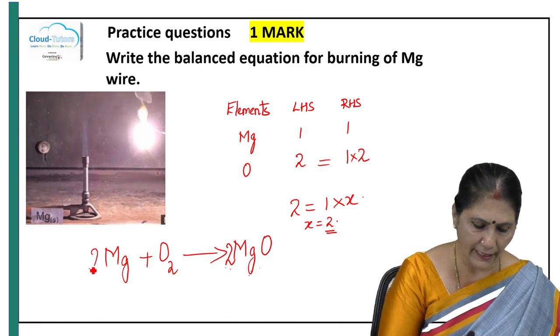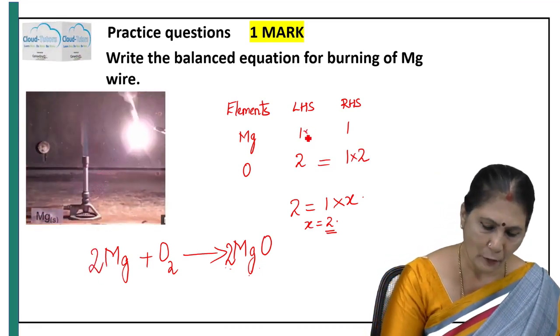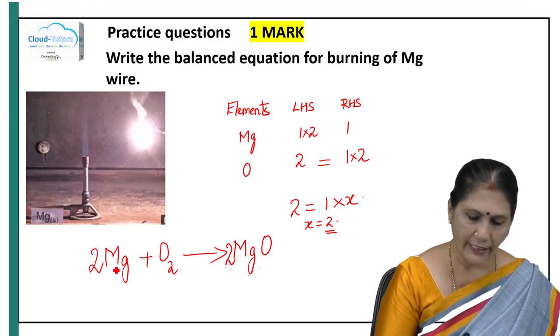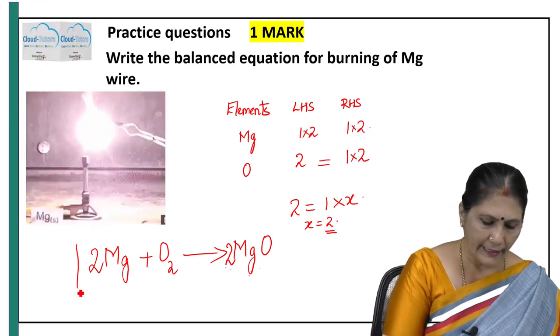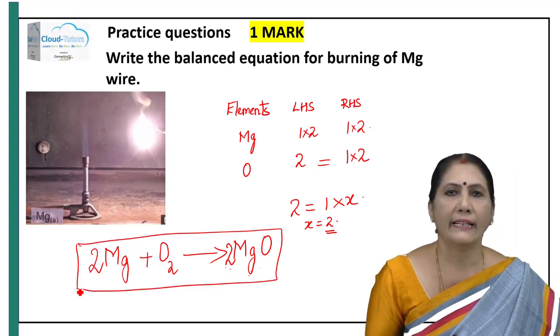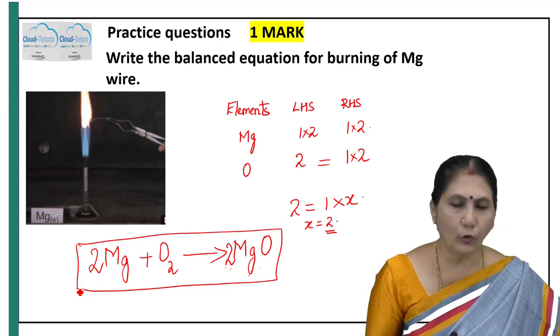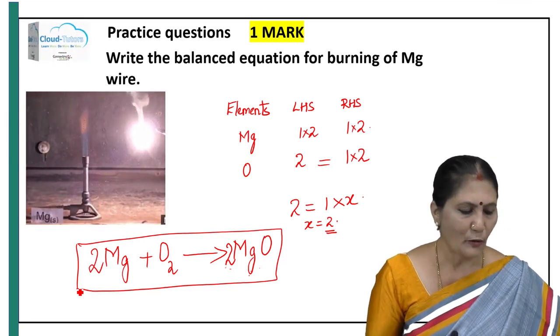That means here I have to write 2. So here I am going to multiply by 2 for magnesium, and on the product side again 2. That means this equation is only referred to as a balanced equation. 2 Mg plus O2 gives 2 MgO. Now to the next.